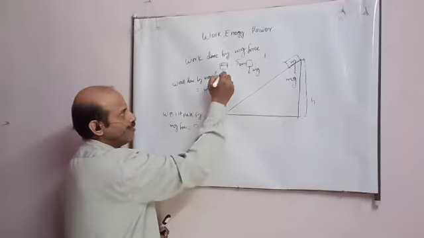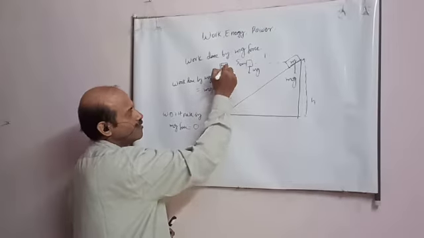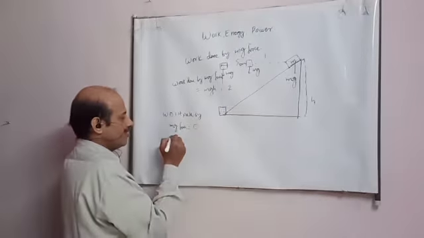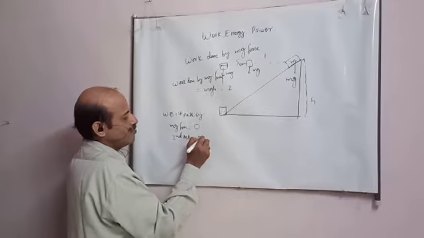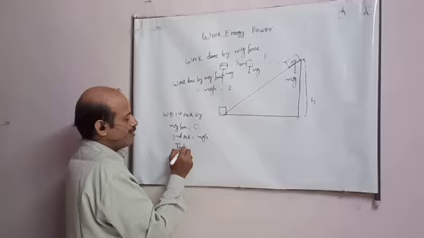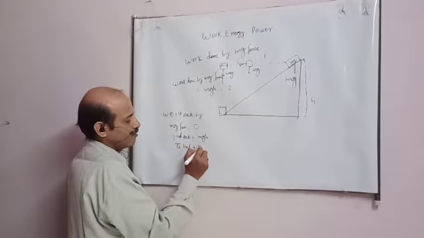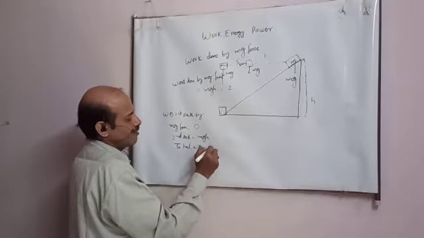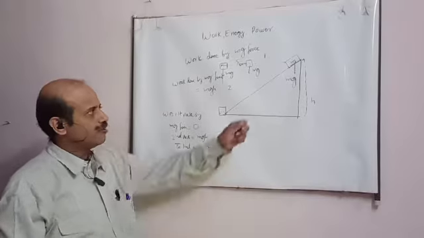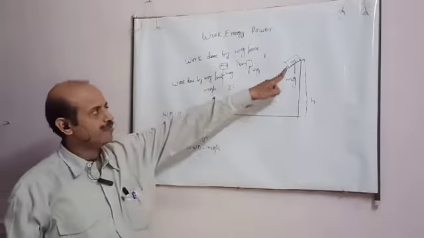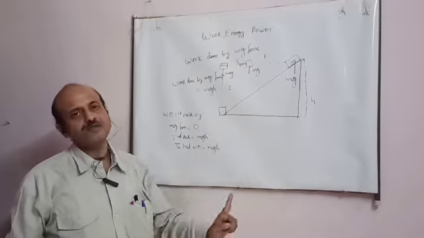And in path 2, this is the direction of force and the displacement is h. Work done in second path is mgh. So total work done is mgh. Either you bring this object from here to here or from here to here, work done is same, student.